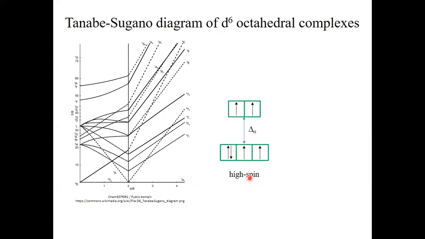Again, let us understand this by looking at the orbital diagrams. For a high spin complex, we maximize the number of spins. We can fill 1, 2, 3, 4, 5 electrons spin up into the orbitals, but then the 6th one must be paired and placed into the t2g orbital. That leaves 4 unpaired electrons.